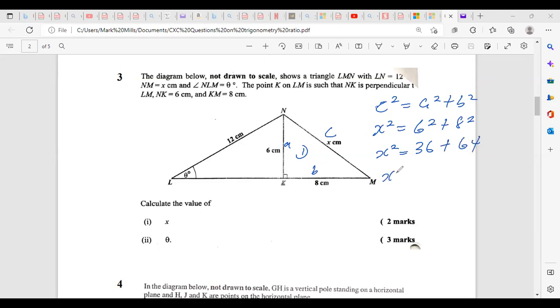So 36 plus 64, what do I get? 100. So X is equal to the square root of 100, which will give me 10. 10 what? Centimeters. So everybody catch that?